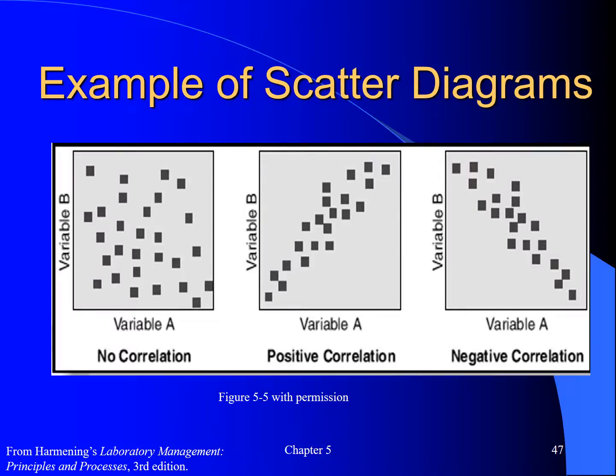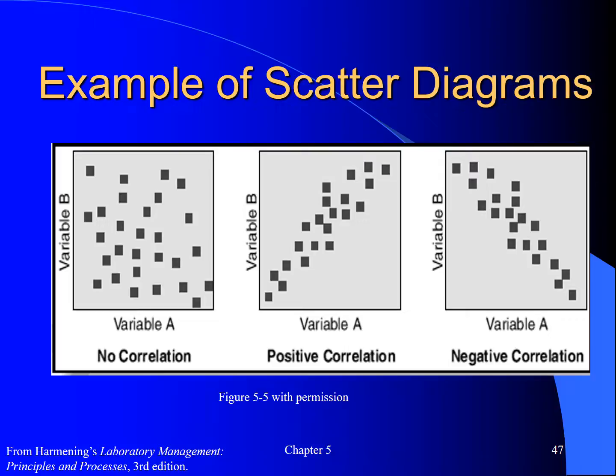A scatter diagram is a plot of one variable versus another to see if there is any relationship between the two. Variable A is plotted on one axis and variable B is plotted on the other axis. When there is no correlation, no apparent relationship between the two variables is found.